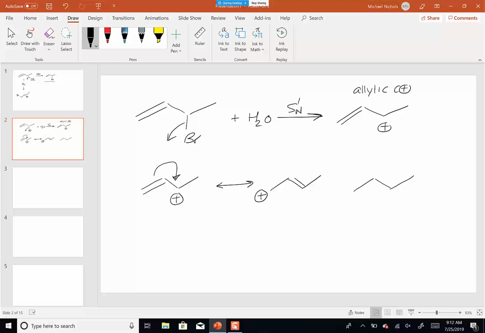I'm going to average the charges. Now, actually what happens in writing these resonance hybrids is that everywhere there was a plus charge, there's going to be a delta plus charge. So there'll be a delta plus charge here, there'll be a delta plus charge there, and then there's going to be a partial double bond here and a partial double bond there. So this would be my resonance hybrid.